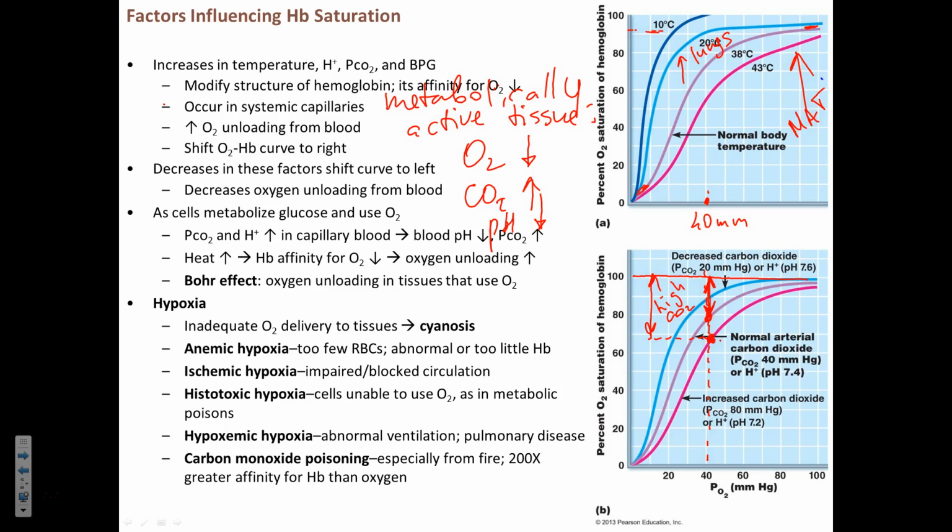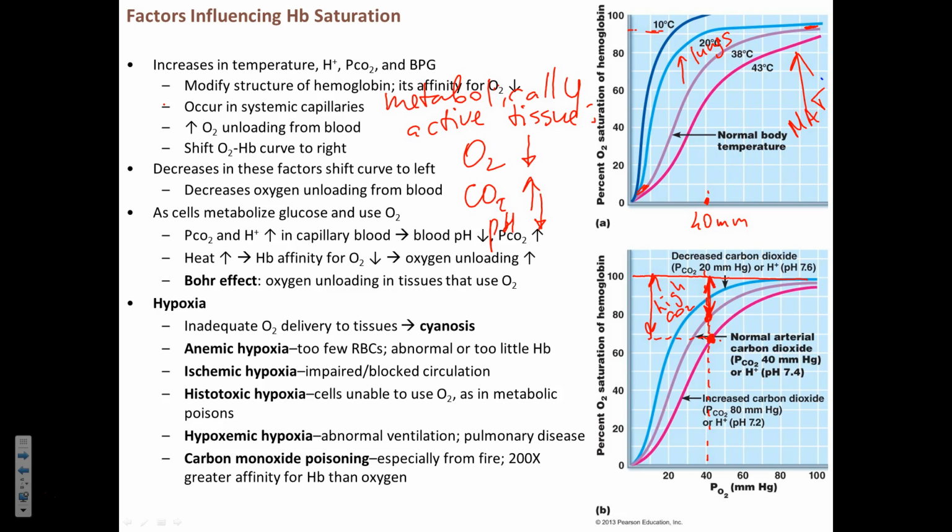Do you see this shift? Okay? That makes sense? The effect by which unloading of oxygen depends on the CO2 and pH is called the Bohr effect. Okay? Higher concentrations of CO2 in the tissues promote oxygen unloading.